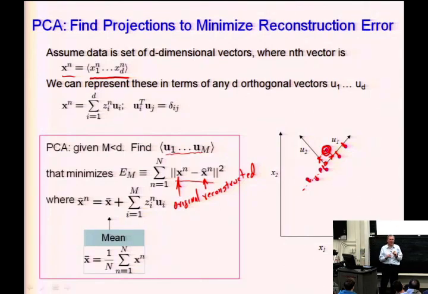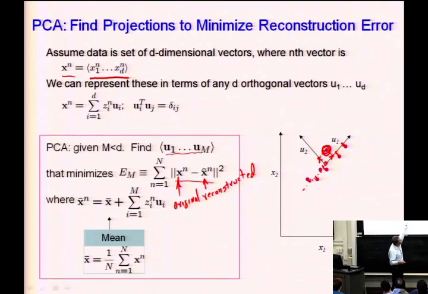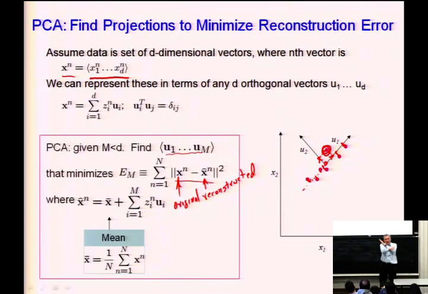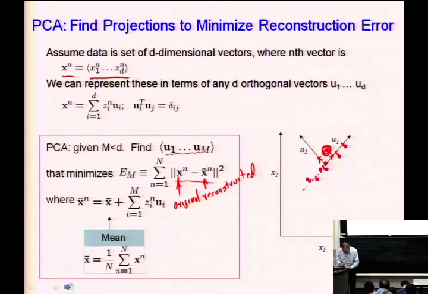If we go to reconstruct it from just the u1 coordinate, all the reconstructed points will lie along u1. And so then u2 has the property that given that we're already using u1, u2 is a vector that must be orthogonal, perpendicular to u1, and be in the direction among those that are perpendicular, in the direction that minimizes the sum of squared errors if you use the 2. So that's what it does.